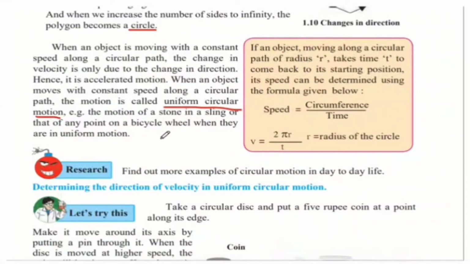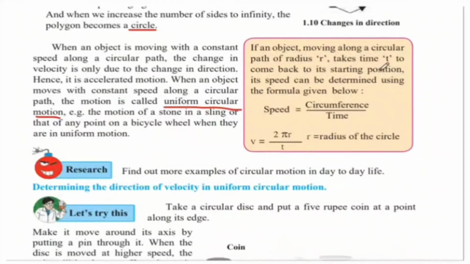So if you tie a stone to a sling, that is like a thread, and you move it in a circular manner, then the motion of the stone at the tip of the string would be uniform circular motion. And also, if you see the bicycle wheel, any one point on the wheel, as it keeps moving, it will perform uniform circular motion.